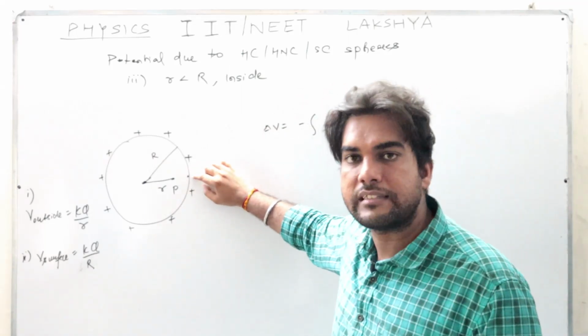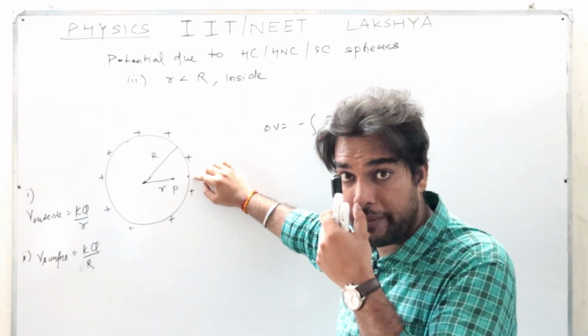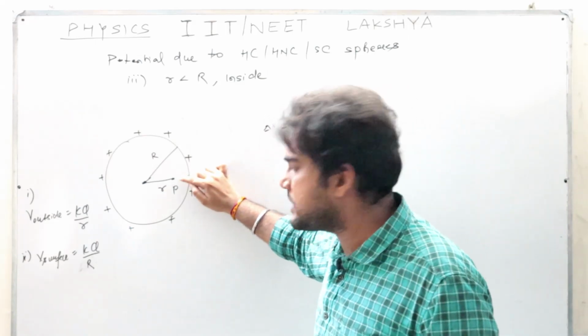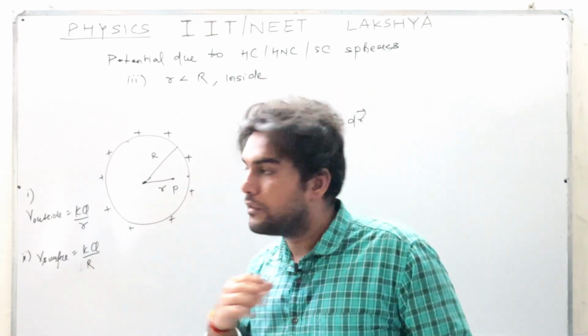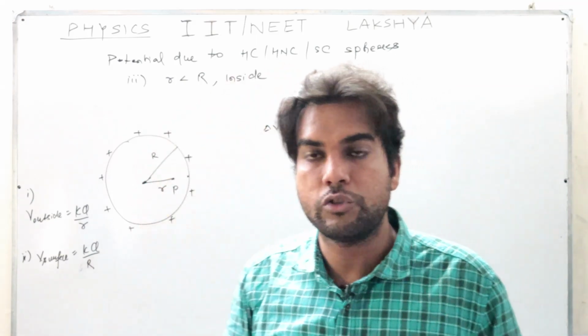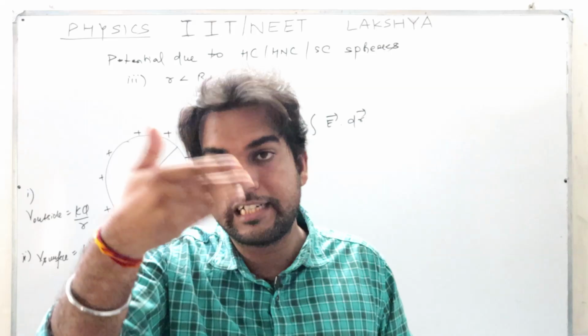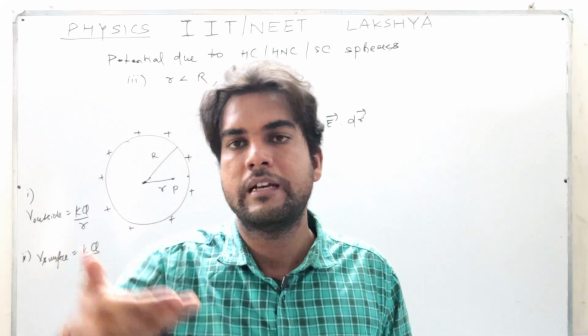At the surface, the electric field becomes kq by capital R square. And just inside, the electric field becomes 0, because inside this type of sphere, electric field is 0. So the electric field function itself is changing actually.